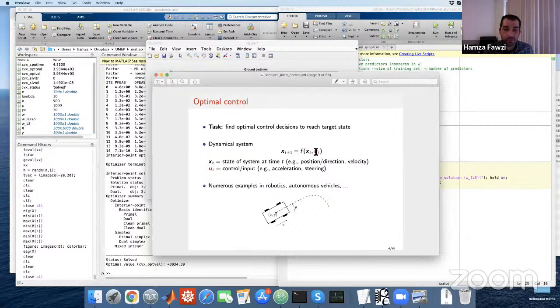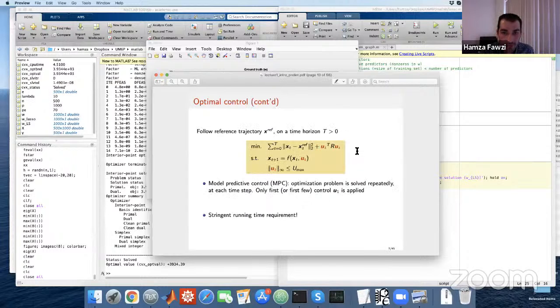What you do in such a problem is write a certain optimization problem. What you're looking for is the controls ut. In the case of the car, that's the acceleration and the steering.